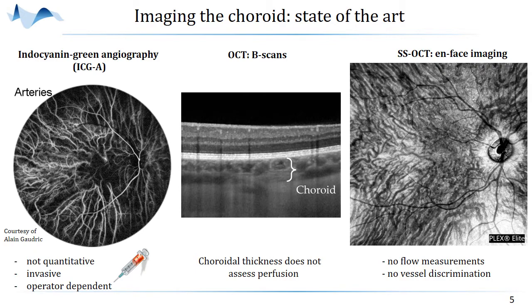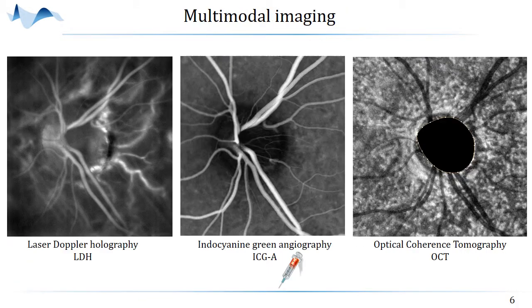So although you can see the choroid, the images are quite hard to interpret. In this presentation, we're showing a lot of comparison between laser Doppler holography, indocyanine green angiography, and optical coherence tomography, and we are looking into what kind of contrast we get for what type of vessel.